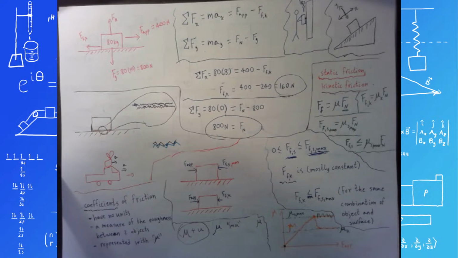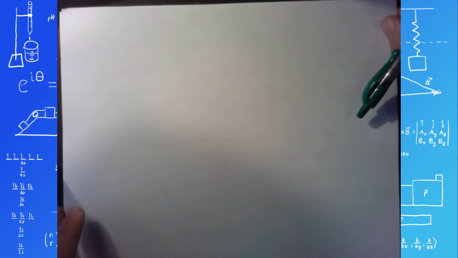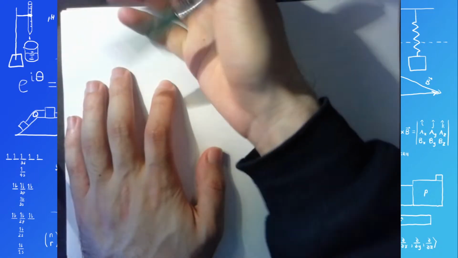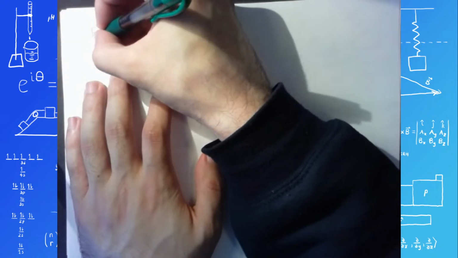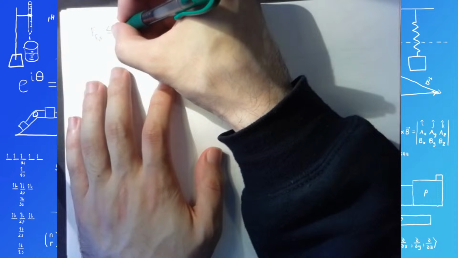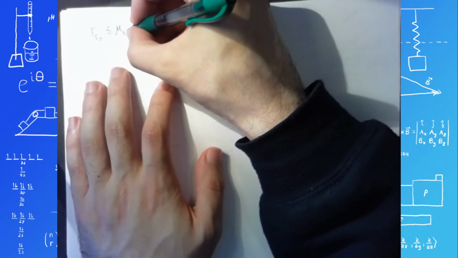I think what I want to do is just relist those on a new page just for clarity, because I know even with all of this color that I'm using, it could easily be a jumbled mess if you're staring at the wrong parts of the page. So one more time, force of friction static is less than or equal to mu static, or mu static max if you want.